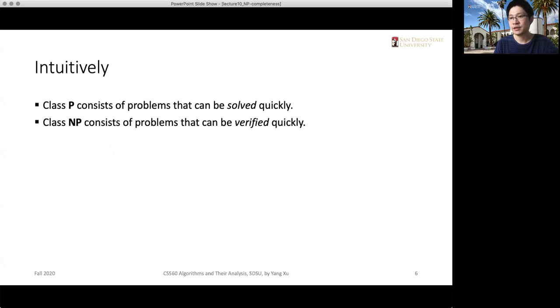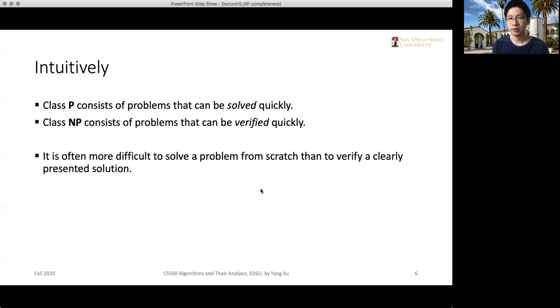But intuitively, this is already a useful tool for us to help identify easy problems versus hard problems. To put it in plainer language, we can think of the class P as those problems that can be solved quickly, and the class NP as those that can be verified quickly.